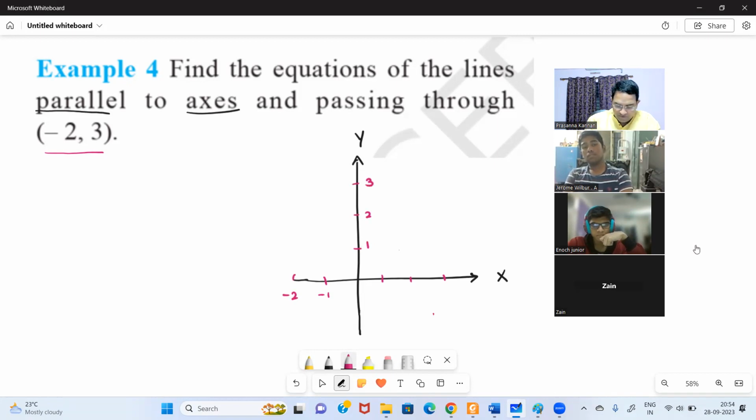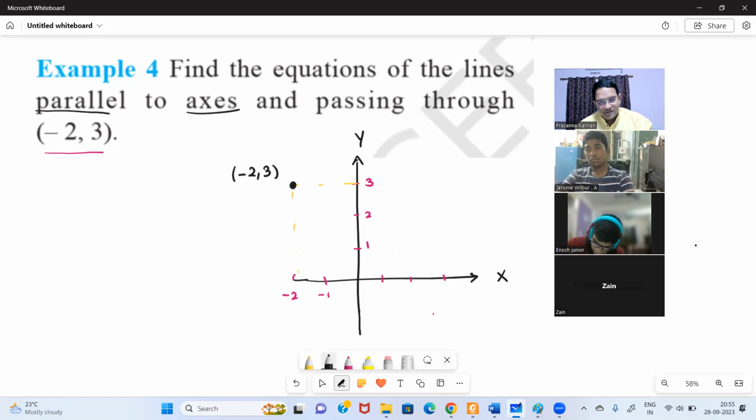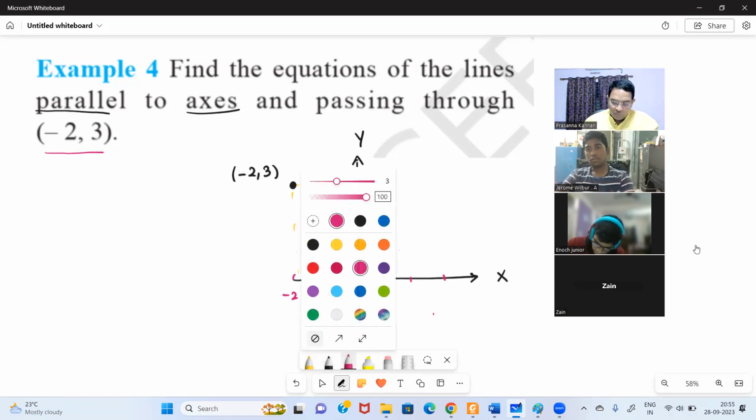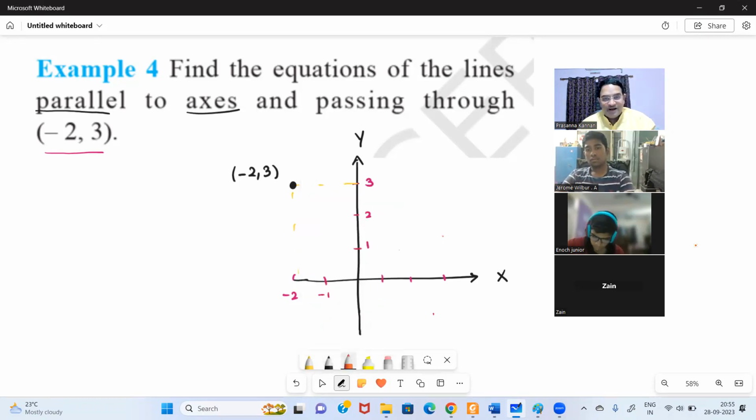So when I say minus 2, comma 3, which point am I talking about? I'm talking about this point. Is it clear to you? Yes or no? Yes, sir. Now, what is my line which is parallel to my x-axis, which passes through this point?